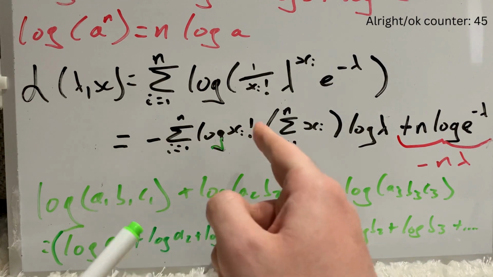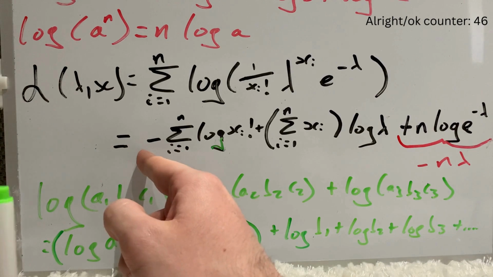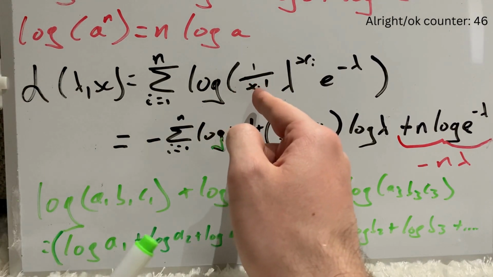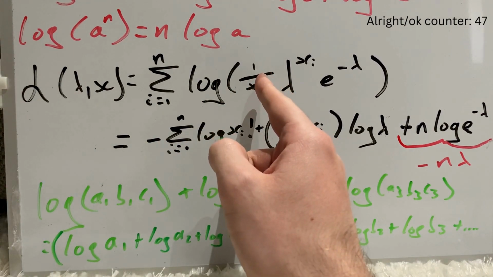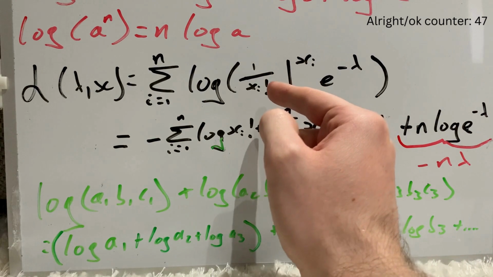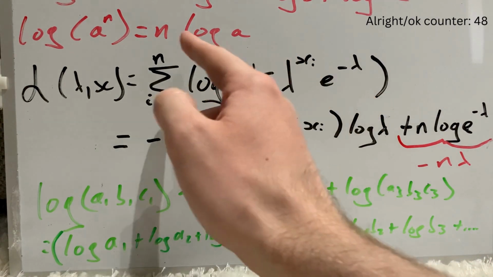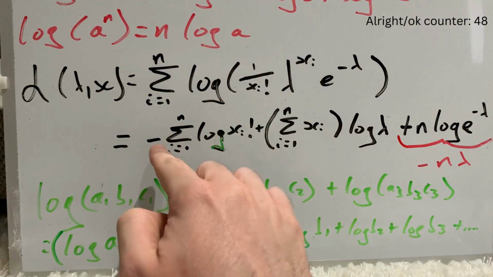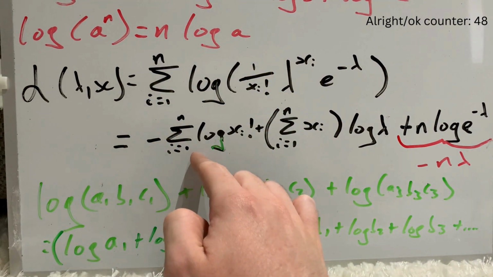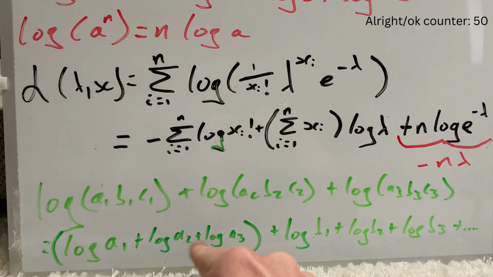So we've grouped together the xi factorials, but we've got a negative sign because it's 1 over xi factorial. So we take the negative to the front because it's an exponent: it's xi factorial to the minus 1. Because of log rules, we take the minus 1 to the front. So we've got negative the sum of all the log xi factorials, like we've got here.